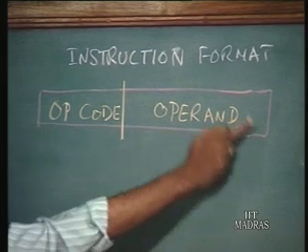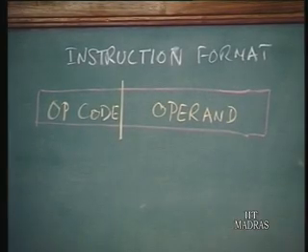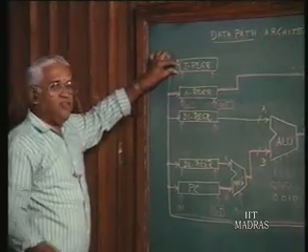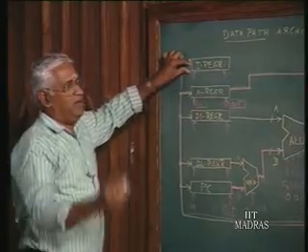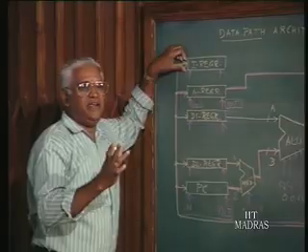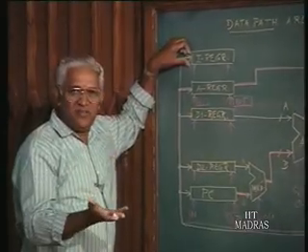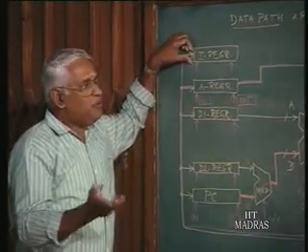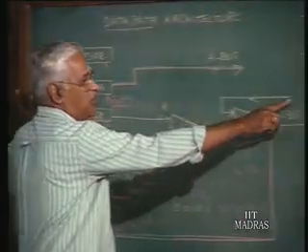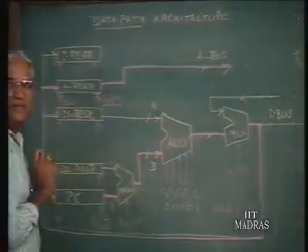Now once the instruction is fetched into the instruction register, the CPU proceeds, and the instruction may be say 1 byte or 2 bytes or 3 bytes. Now suppose we have a 3 byte instruction, and the data path width is only 1 byte.